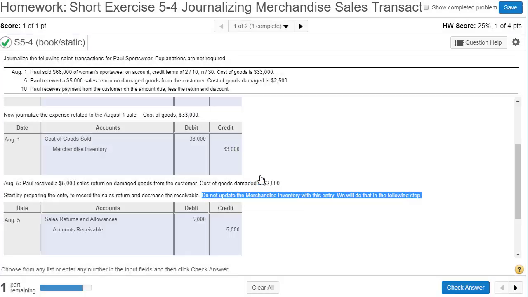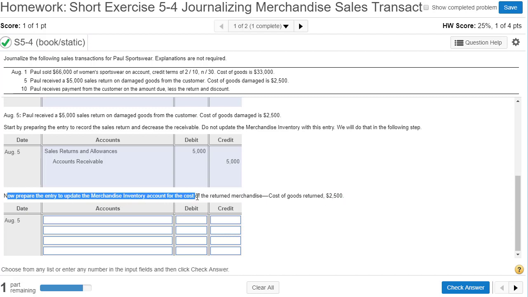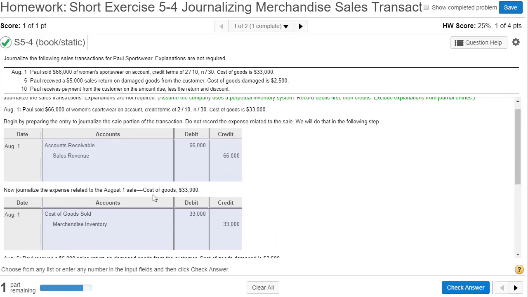So now we get to update our inventory. It says now prepare the entry to update the inventory account for the cost of the returned merchandise. Cost of goods returned, $2,500. So again, going back up here, when we originally sold it, we lowered inventory. So we're just going to reverse these two accounts.